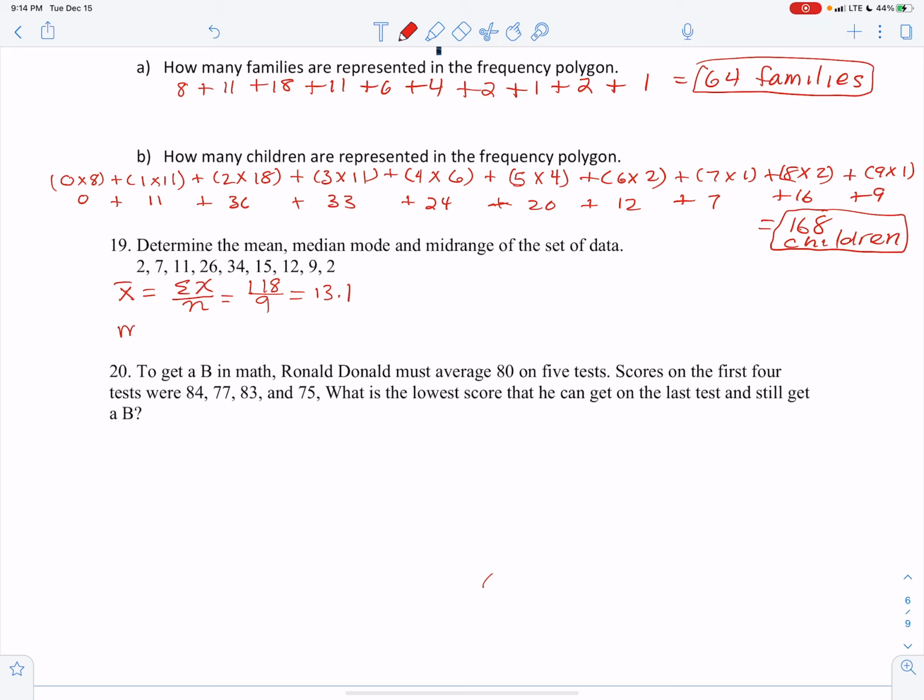Now for the median, we have to put the data in smallest to largest order. So that would be 2, 2, 7, 9, 11, 12, 15, 18, 26, 34.